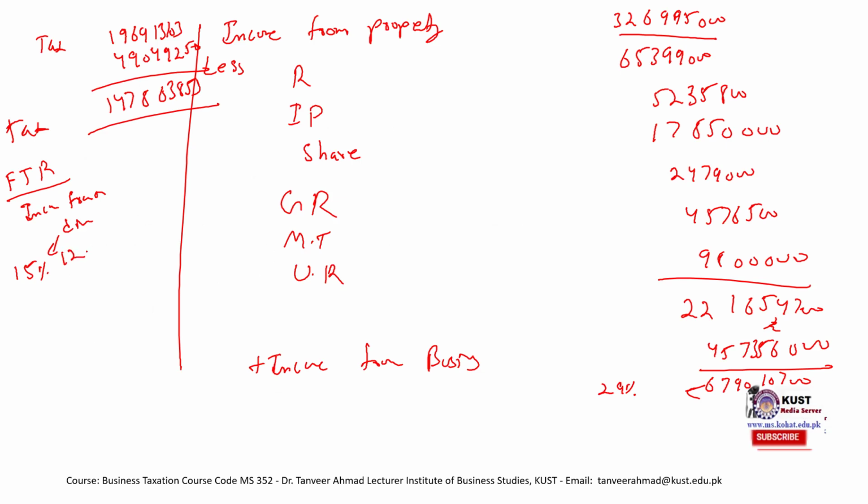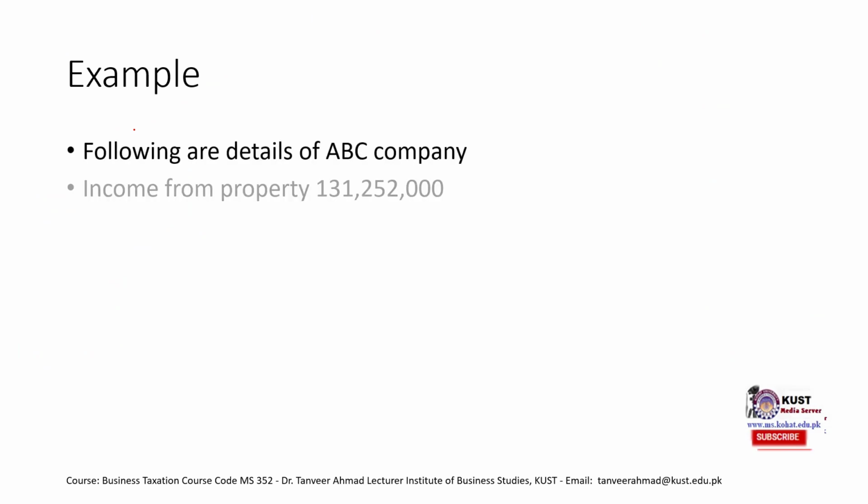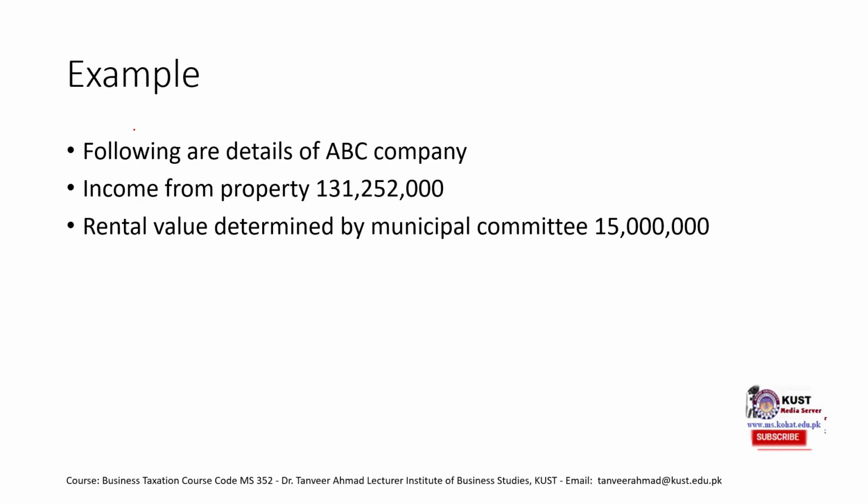So 15% of 1,12,000 is equal to 16,800. We would add that to our total tax, and the tax that the company needs to pay is the addition of these two amounts. Okay, so this is an example that I would recommend you go through yourself.